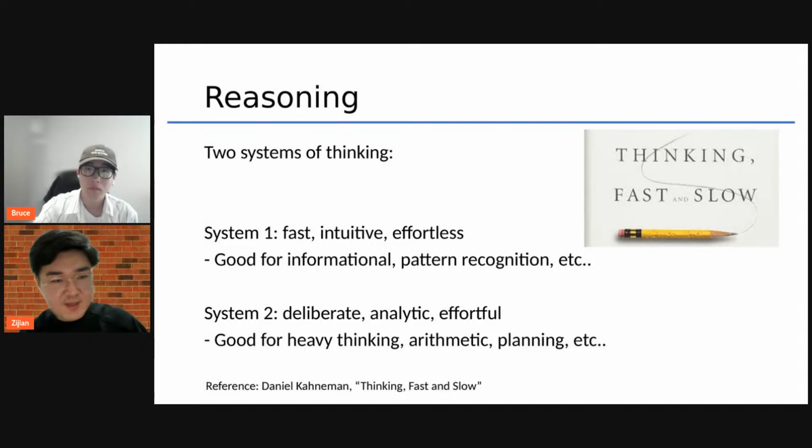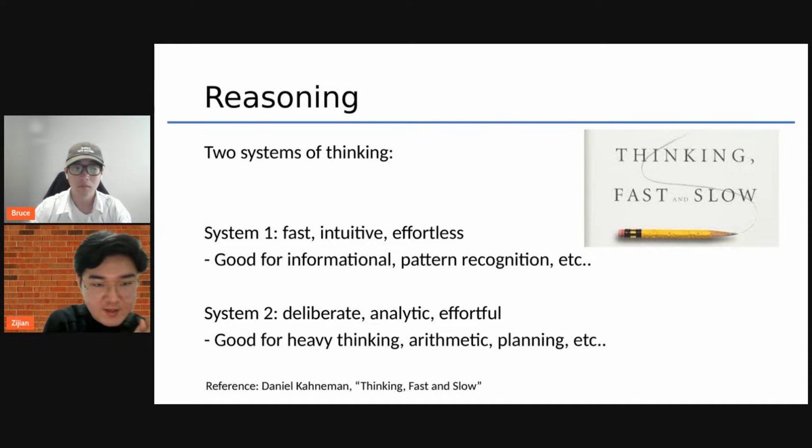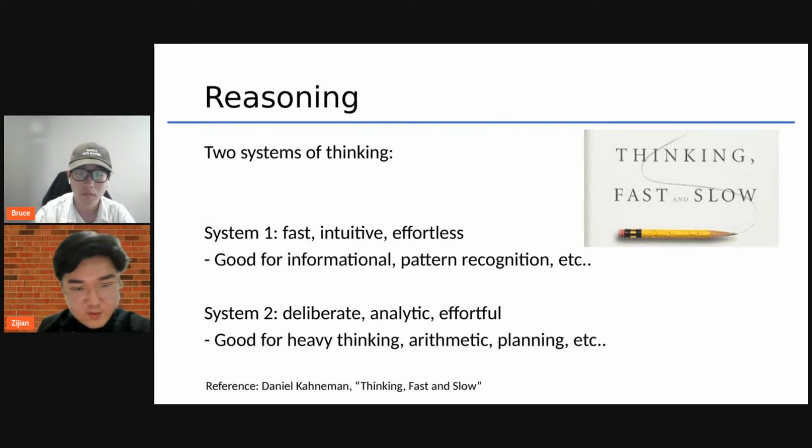But it's only in these 1 or 2 years that people have been shifting from system 1 to ask the question, can LLMs perform system 2 thinking? System 2 thinking is characterized by deliberate, analytical, and effortful thinking. So this kind of thinking usually requires a lot of tweaks, a lot of decision making, a lot of planning to achieve a very complicated task.